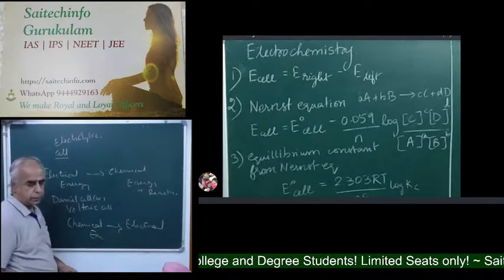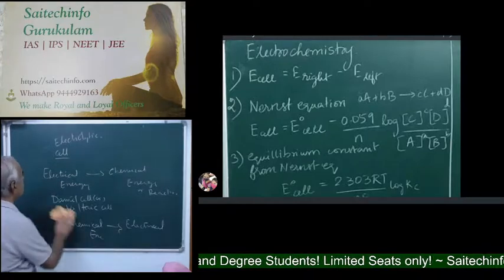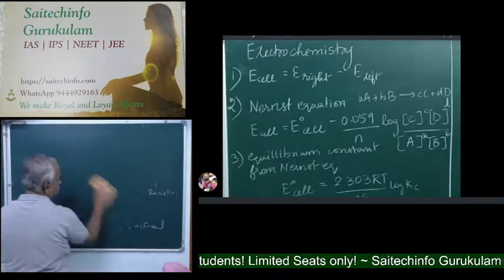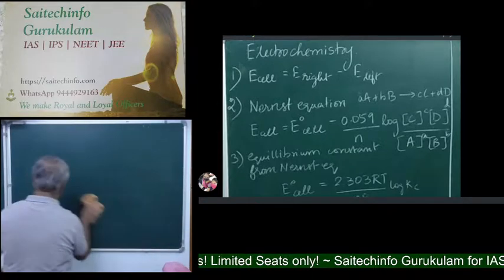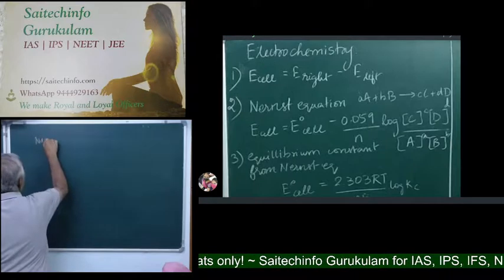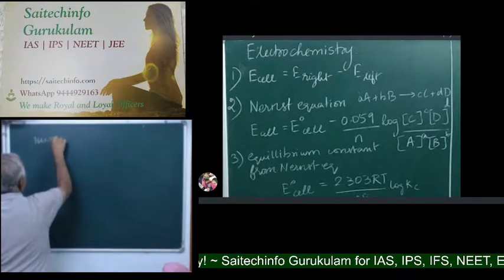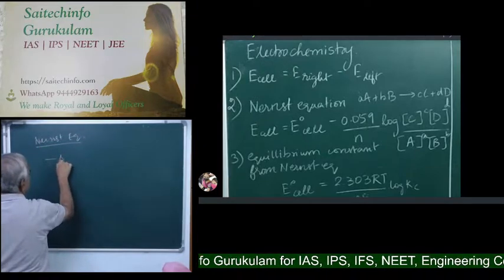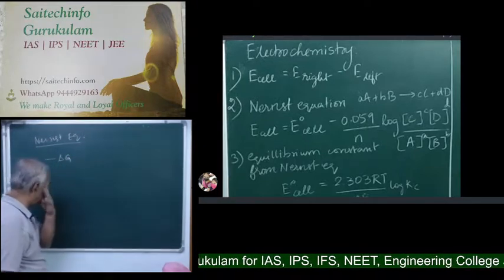Okay? Right. Now, in this case, as I already mentioned, the Nernst equation, of course, let us introduce Nernst equation. Let us introduce this delta G, the decrease in free energy.